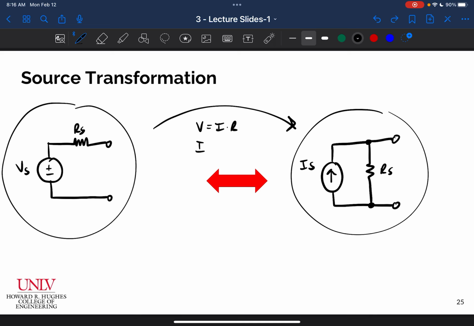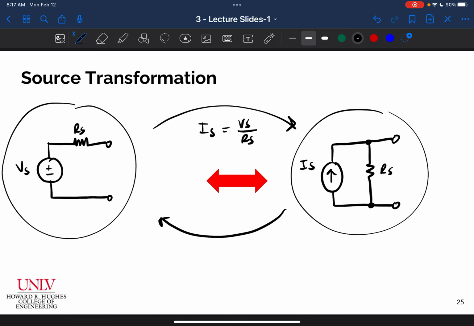If I wanted to go from the voltage source circuit over to the current source circuit, I would use I source is equal to Vs over Rs.